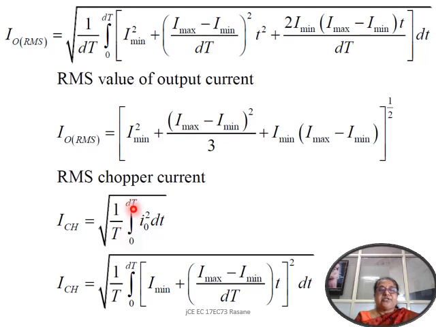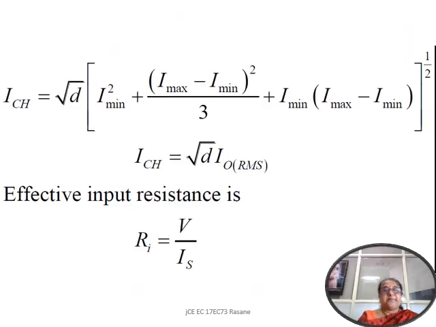Here again 0 to dt, we continue with the same, substitute I naught squared as the same expression, except now you have taken 1 by T outside the bracket. This is the chopper RMS current. Solving, you will get the root of d, that is the duty cycle, into I naught RMS. So chopper current is equal to the root of duty cycle into the output RMS value.